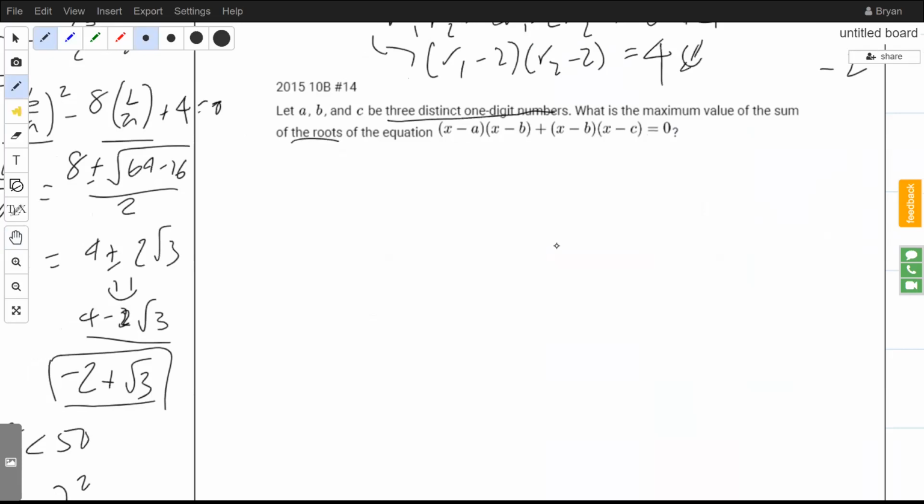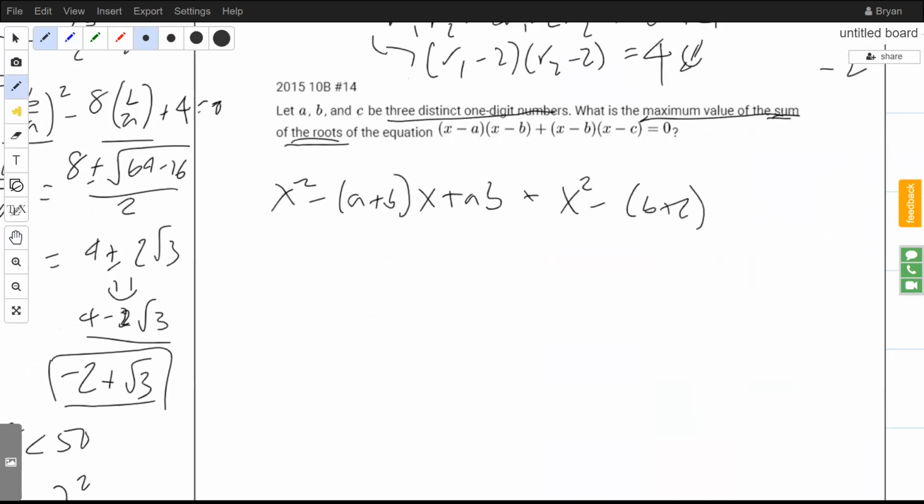Basically, we want to use Vieta's because we need the sum of the roots, and to find that out we need the coefficient of the x term. So we just expand this first: x squared minus (a plus b) times x plus ab, then plus x squared minus (b plus c) x plus bc equals 0.